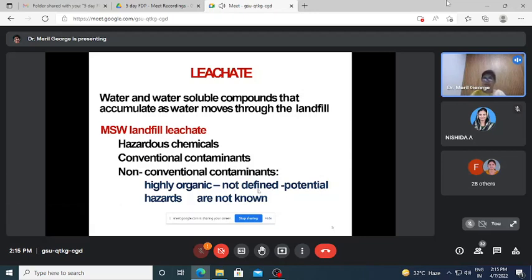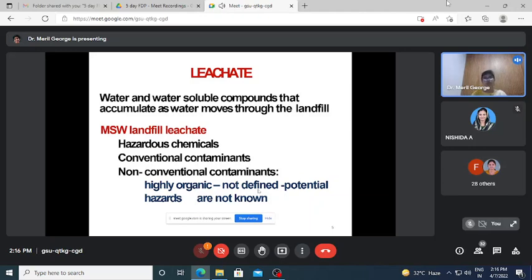Then only that waste can be treated as hazardous waste. But conventional contaminants may include parameters such as total dissolved solids, hardness, alkalinity, that means chemicals such as chlorides, sulfate, iron, manganese, hydrogen sulfide, etc.